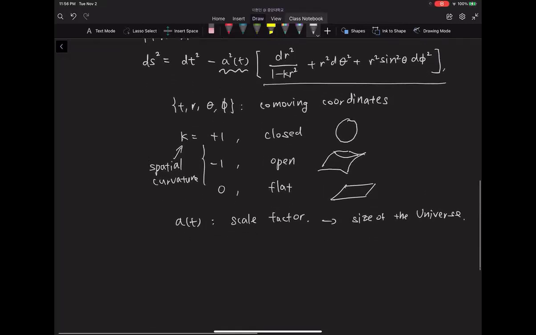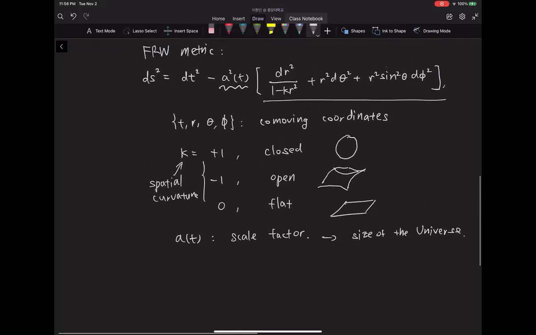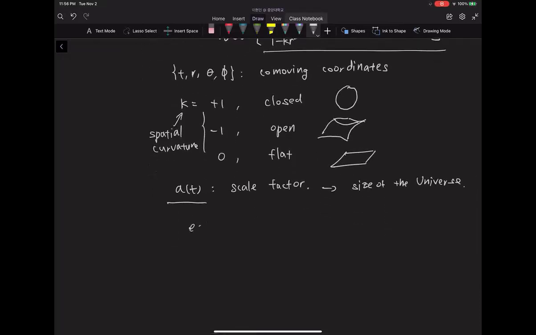And of course, in the expanding universe, this scale factor is increasing. For an expanding universe, the time derivative of the scale factor is greater than 0.